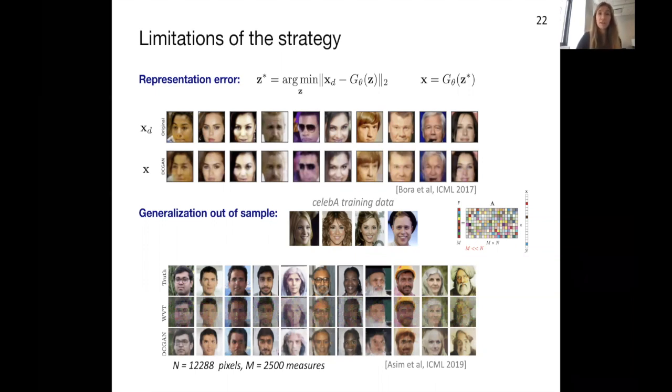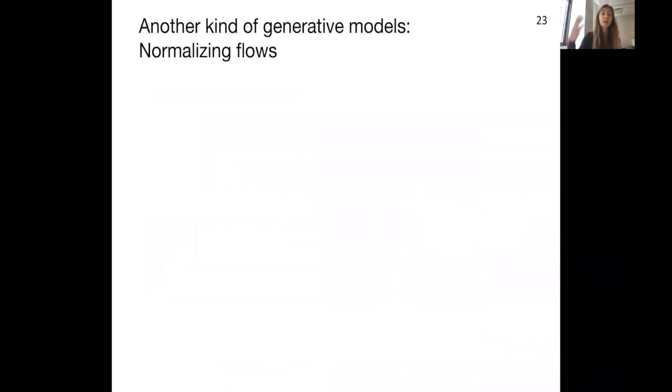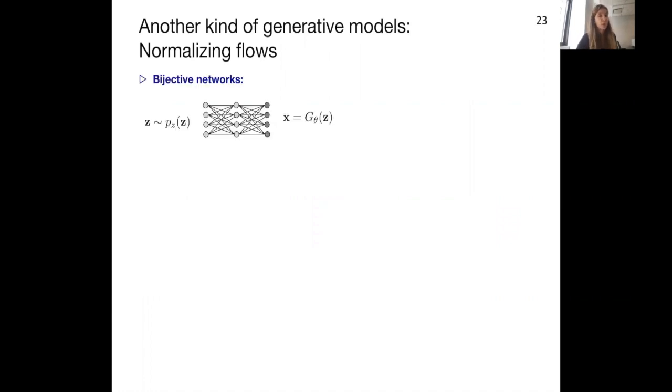Interestingly, there is another type of generative model that is partially answering those two problems, which are normalizing flows. Normalizing flows are deep generative models that work in the same fashion, in the sense that they have a latent distribution that is propagated in order to create signals.